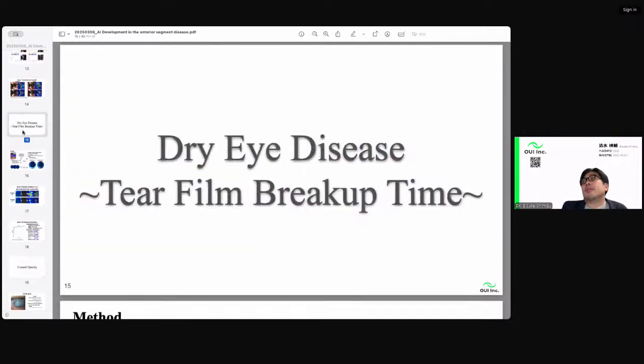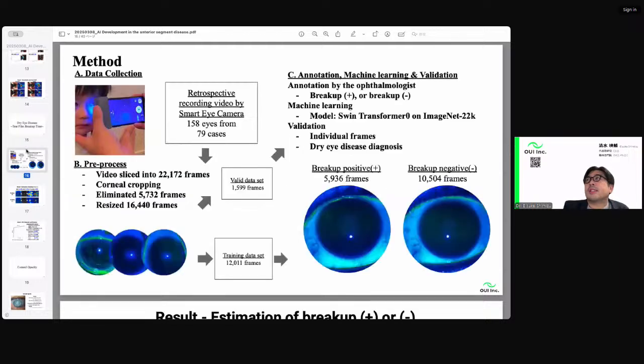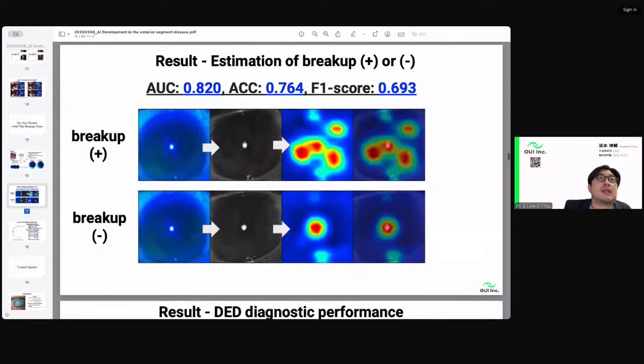Now, we can move on to dry eye disease, which is a little bit difficult because you have to do the fluorescent staining. Of course, there is a non-invasive BUT that we will calculate, but now we are mimicking the conventional way. So we are using the fluorescent BUT to calculate it, and we annotate whether breakup is positive or not.